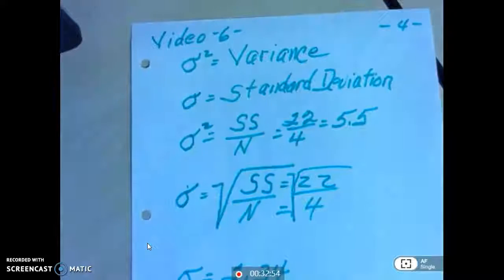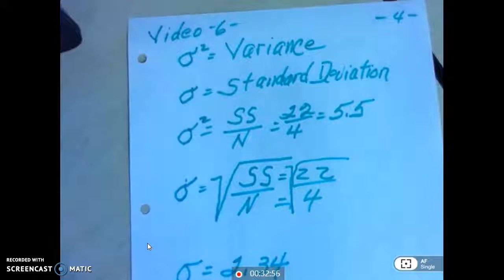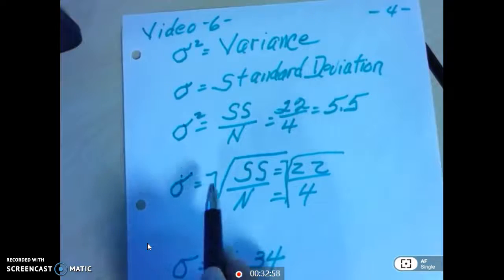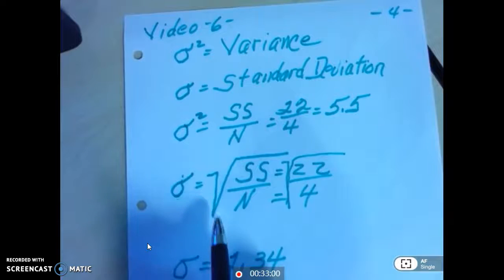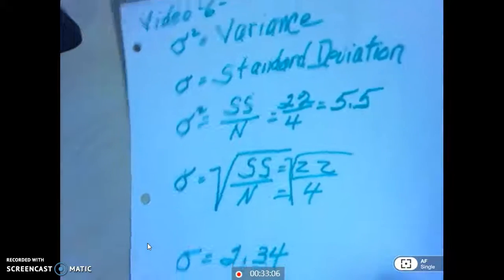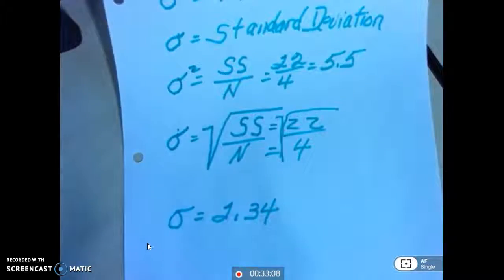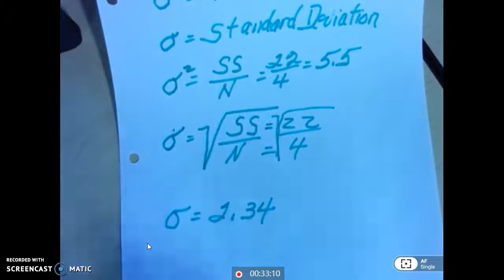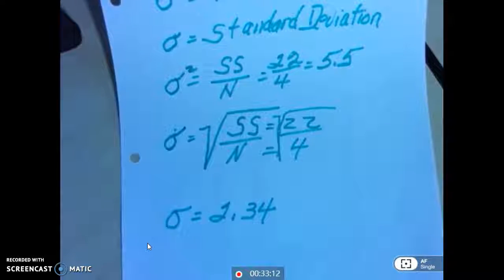Now, for the standard deviation, it is basically the same thing, only we find the square root of the 22 and the n, which is 4, and that gives us our standard deviation, which is 2.34.